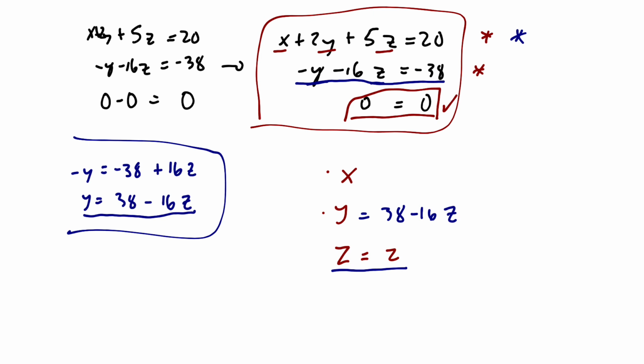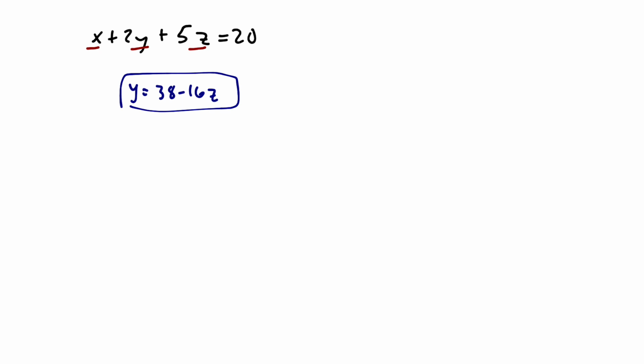So let me bring this equation with us. Again, we just found that y is equal to the following. So plugging in y for this here, we'll get x plus 2 times the 38 minus 16z plus 5z is equal to 20. And again, we just need to go ahead and solve for x.